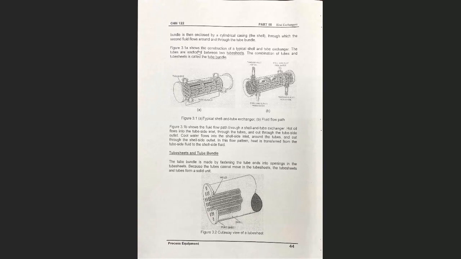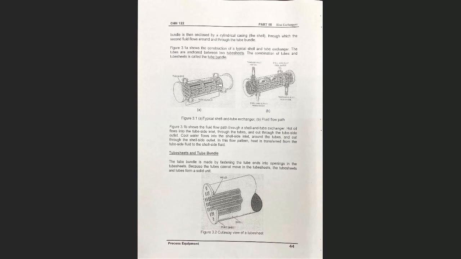So figure 3.1 shows the construction of a typical shell and tube heat exchanger. The tubes are anchored between two tube sheets. Look at the picture. You can see a large number of tubes that are fixed between two tube sheets. الصفائح المعدنية الدائرية هذه. تشوفون التيوب مثبتة عليها.